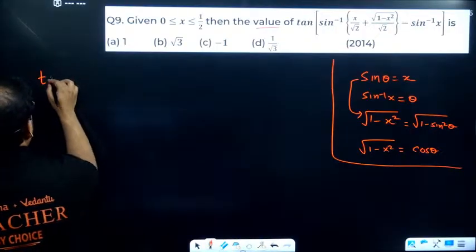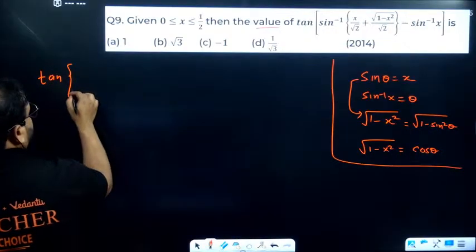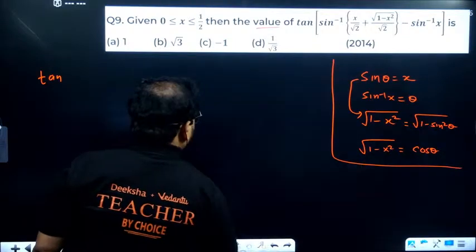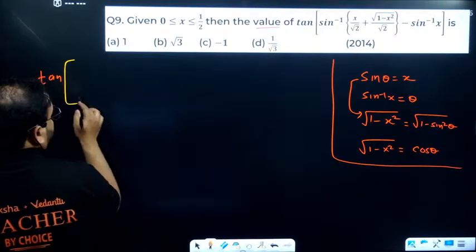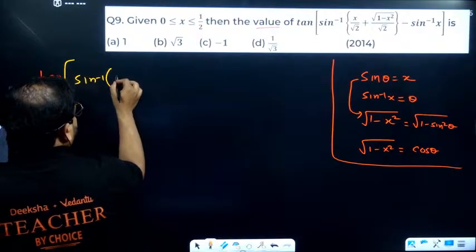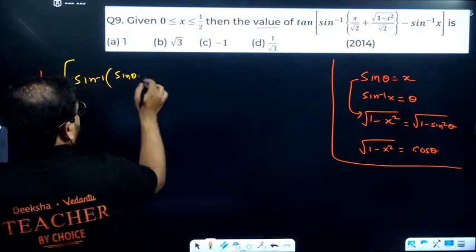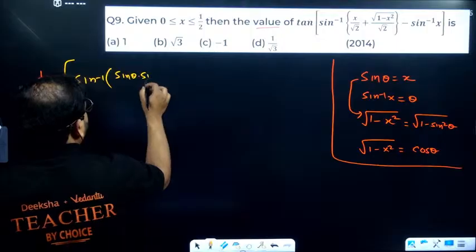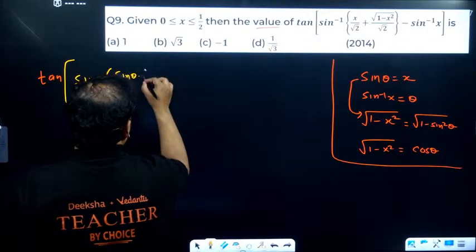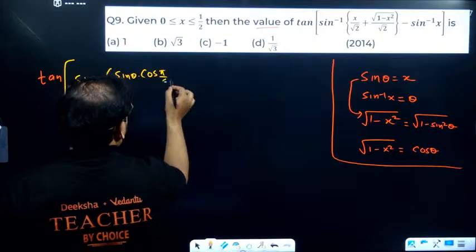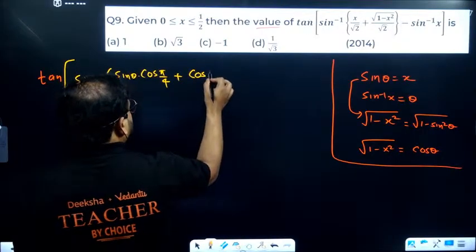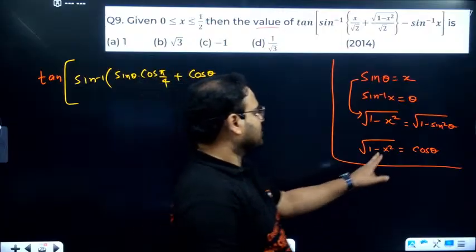We have tan outside. We have over here sine inverse of x, which is sine theta. And 1 by root 2 will become simply cos pi by 4, and plus root of 1 minus x square is nothing but cos theta. I just explained this over here.